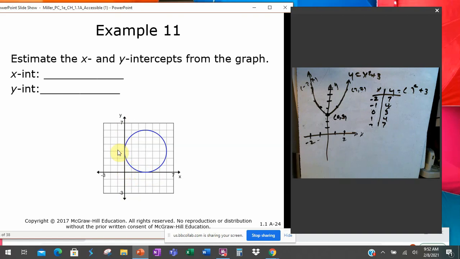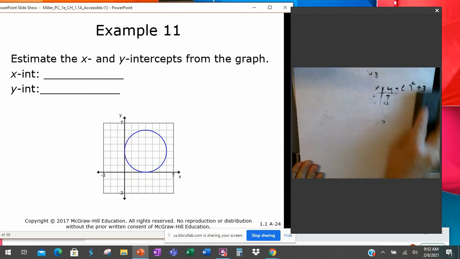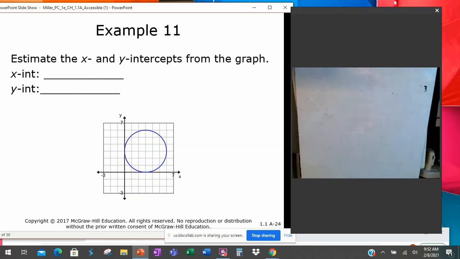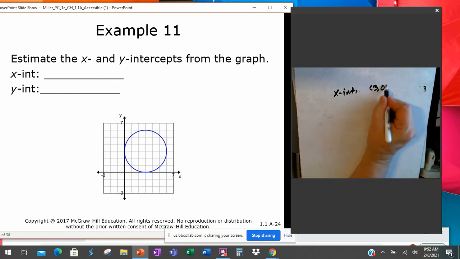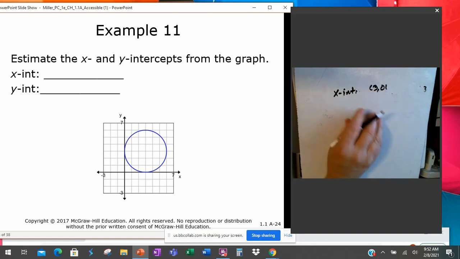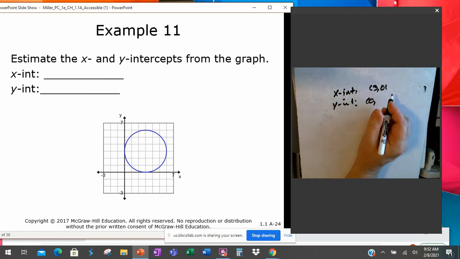Okay, so if I label the x-intercept and y-intercept of that graph, the x-intercept was our 3, 0. X is 3, the y would be 0, and then the y-intercept would be 0, and then I just go up and find that to be 3. That would be the x-intercepts and the y-intercepts from the graph.